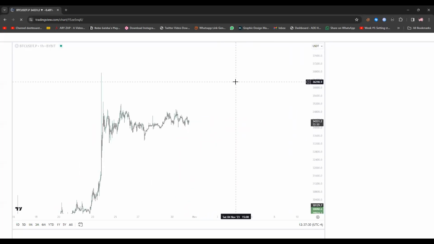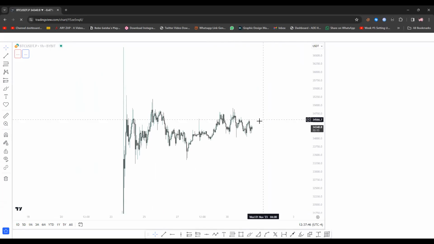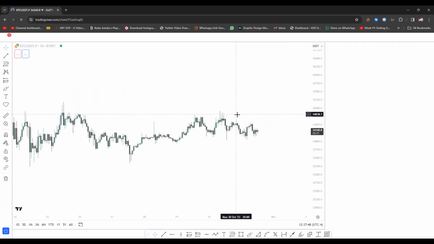Trading is taking a lot of time. Let me see my connection. Sometimes it's a problem with TradingView, like it takes a lot of time to load stuff, but on the other side, the internet's good.